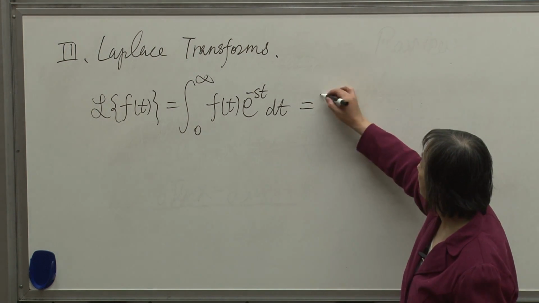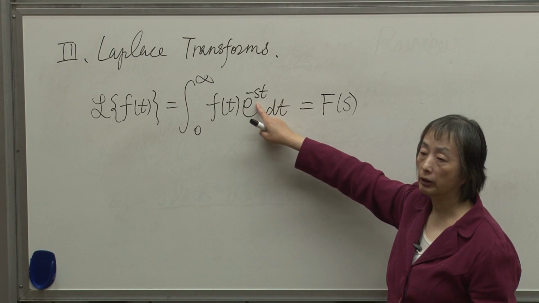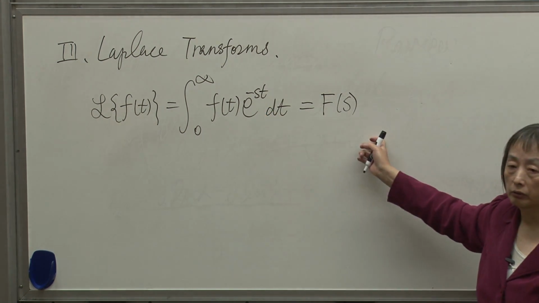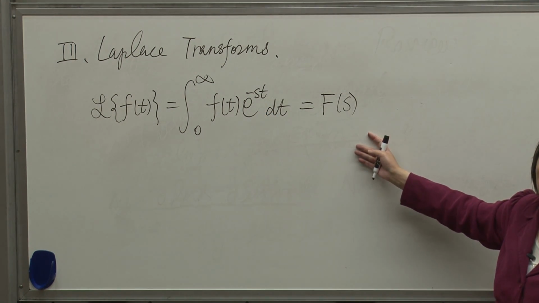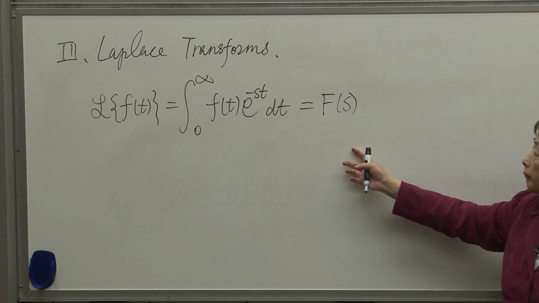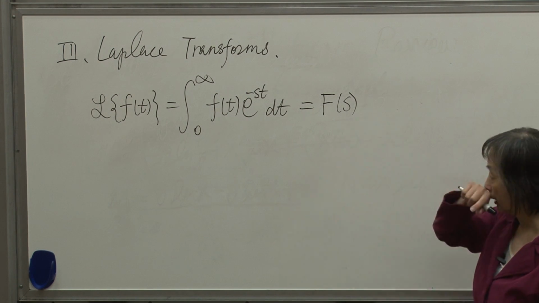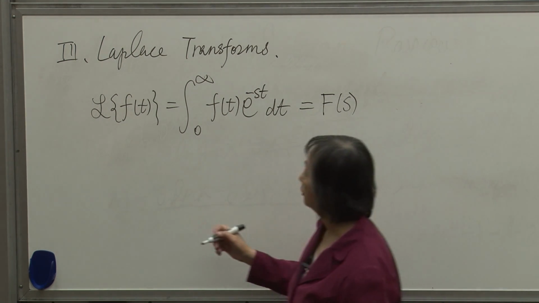So after integration, if we vary the parameter s, we get a new function F of s. We need to understand how to use the table of Laplace transforms, and also the inverse Laplace transform.